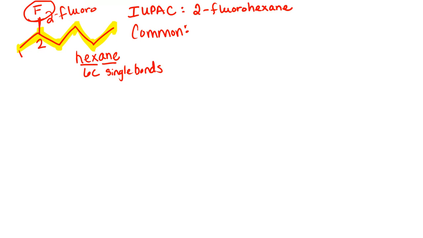For the common name, we need to study that overall hexane chain, and then study this carbon of interest. This is the carbon that is connected to our functional group, to our fluorine.